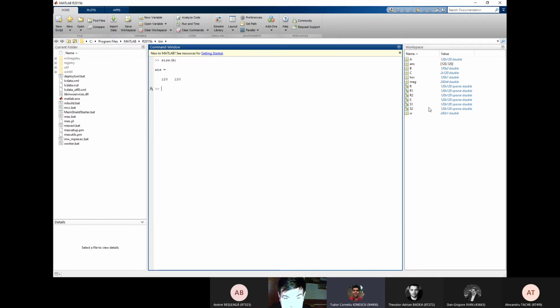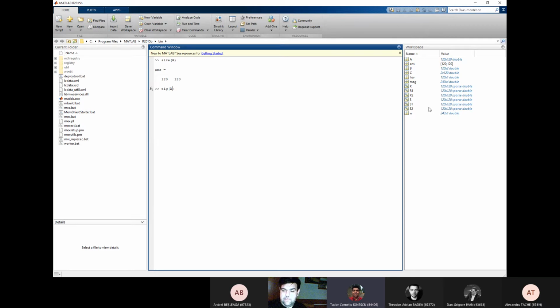So this is difficult. For instance, if you want to use this A to compute the eigenvalues of A, you want to see the eigenvalues of the system, the modes of the system, you perform the command eig.